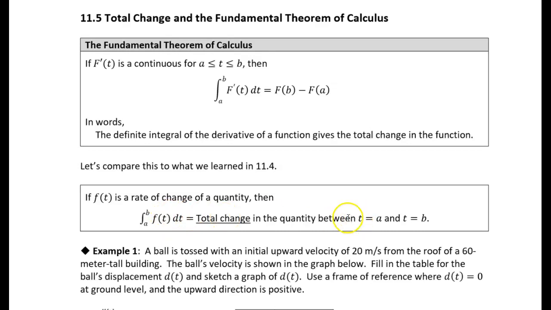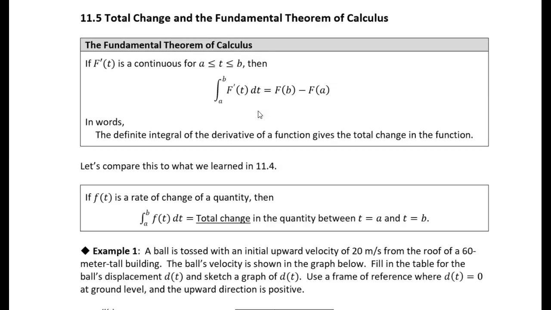So the fundamental theorem of calculus is just another way of saying that exact same thing. Like I said, there's nothing really new here, but you can see that we're integrating a derivative and we get information about the original function, right? We get the change in the original function.